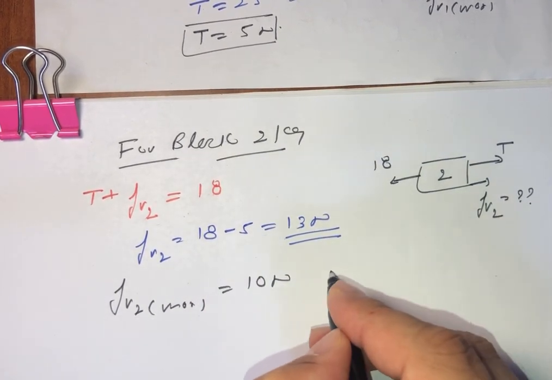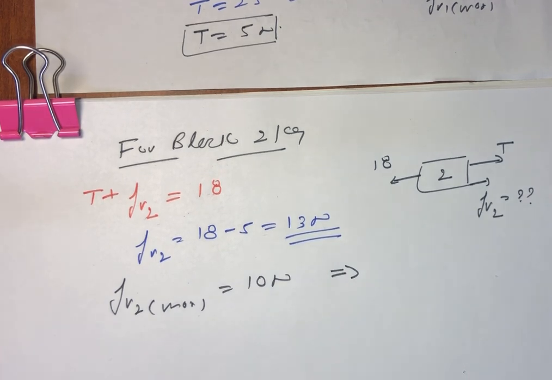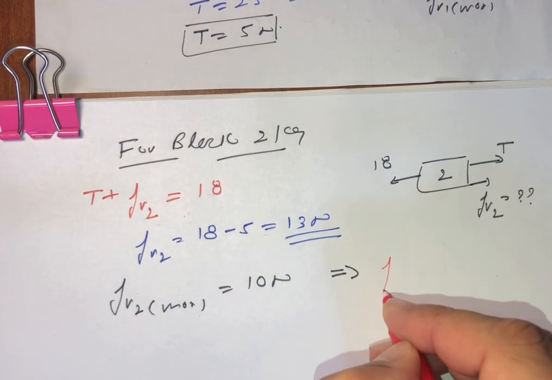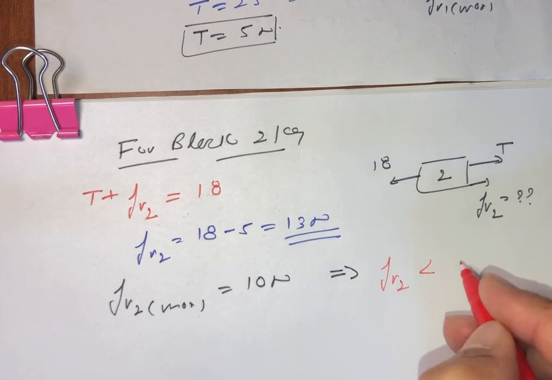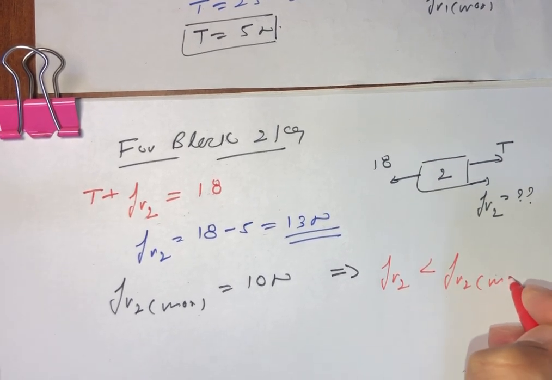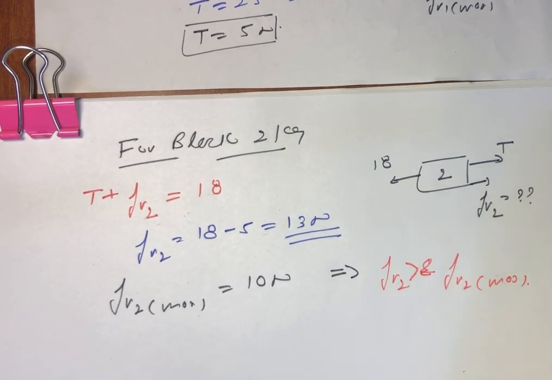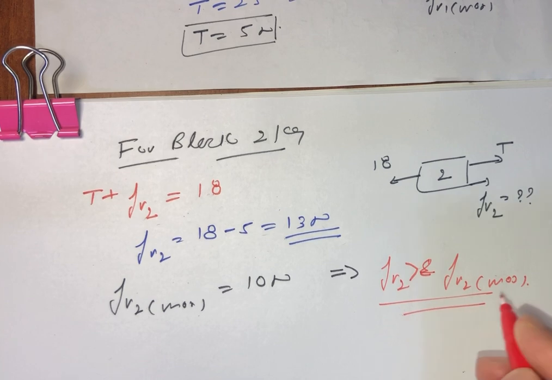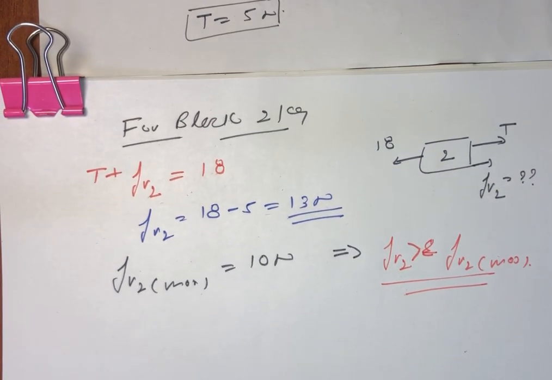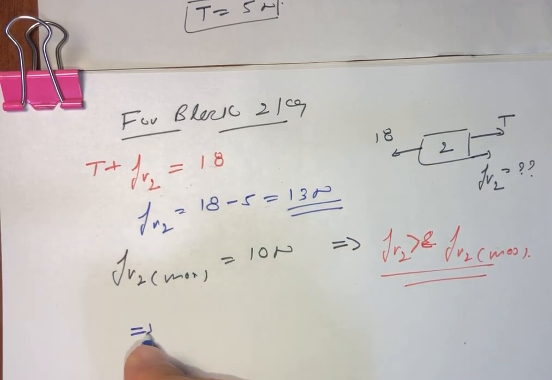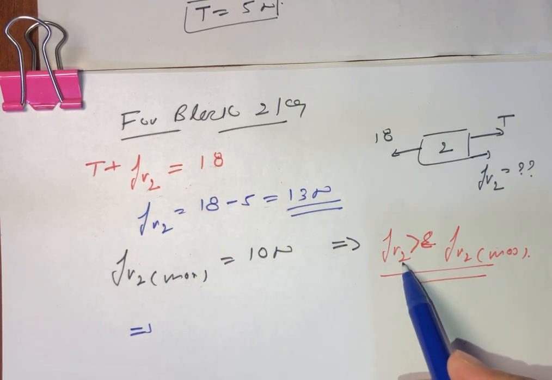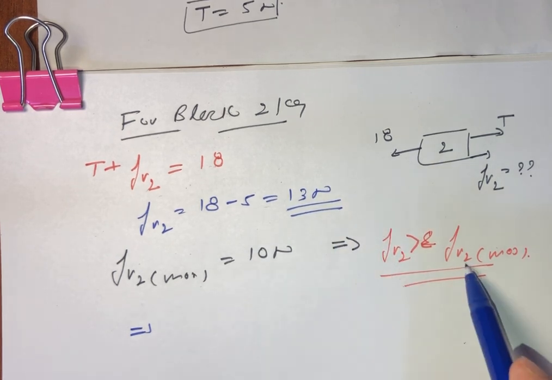So if you make comparison, this implies that our FR2 is greater than FR2 max. Okay, so from here we can say that limiting value cannot be on 5 kg, because the required value is 13 Newton, but available is only 10 Newton.